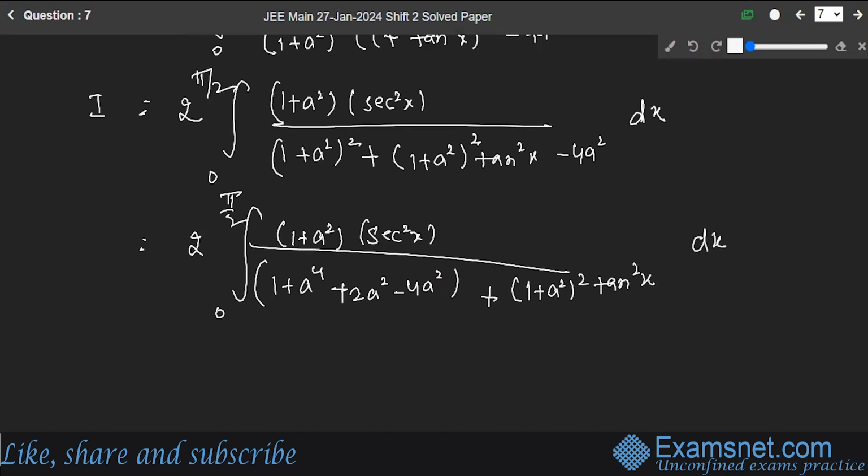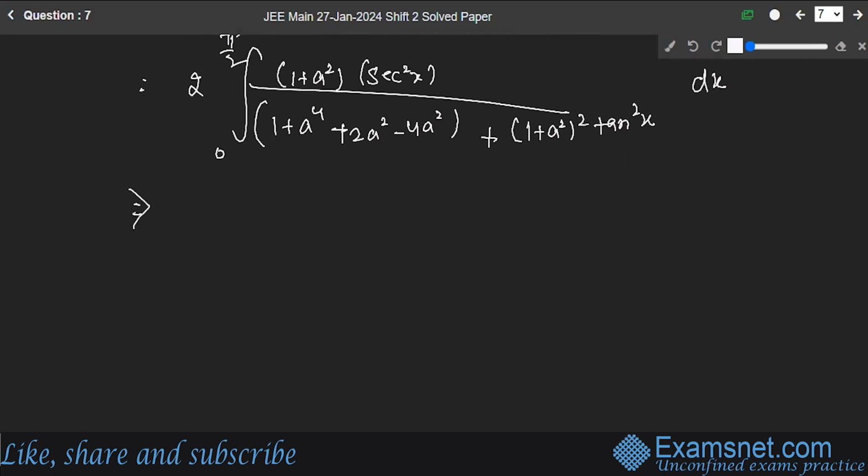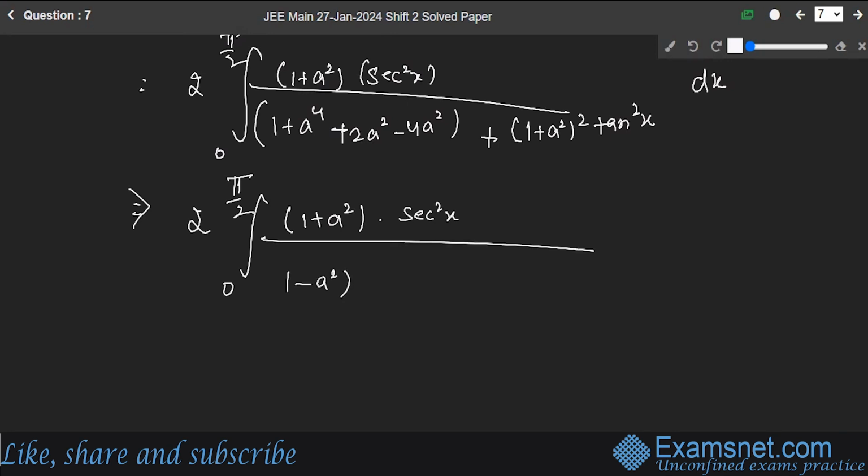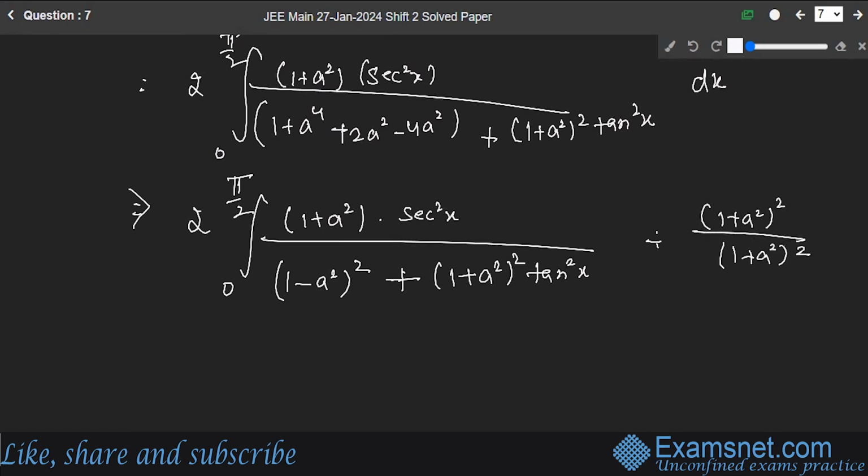Hope you're clear till here. So this is twice 0 to pi by 2, divided by 1 minus a square whole square plus 1 plus a square whole square tangent square x, dividing numerator and denominator by this function.